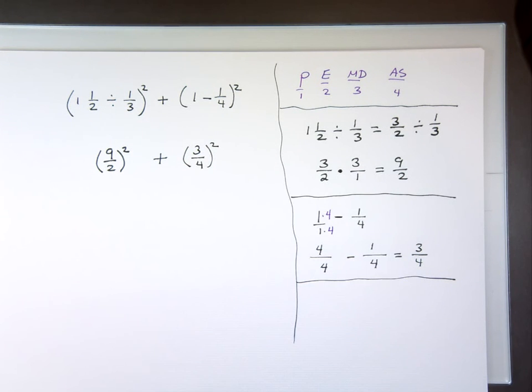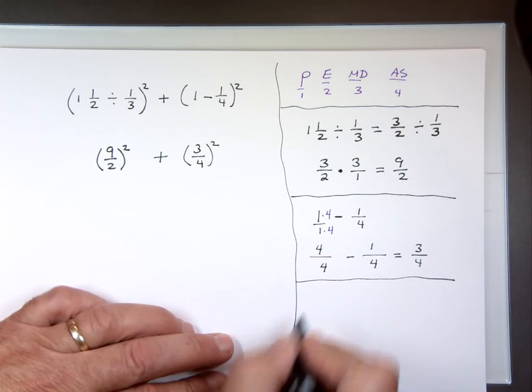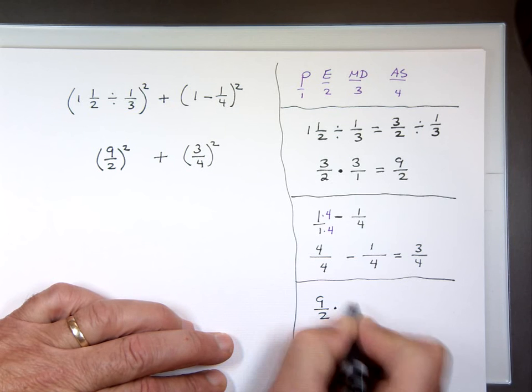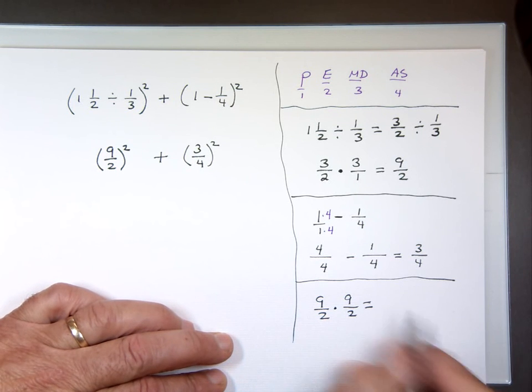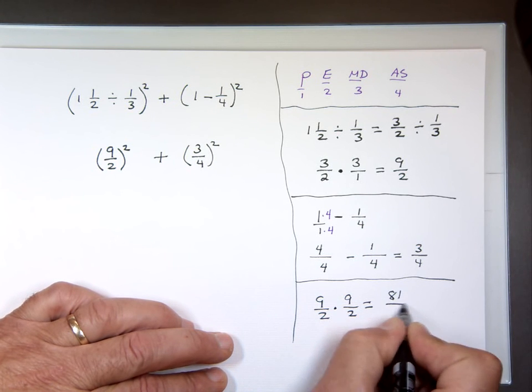So we did what's inside the parentheses, both of them. That's the first step. What comes after the parentheses? Exponents. I see exponents here. Let's look at that. I got to do that. So 9/2 squared, that means 9/2 times what? 9/2. What's 9/2 times 9/2? 81 over what? 4.